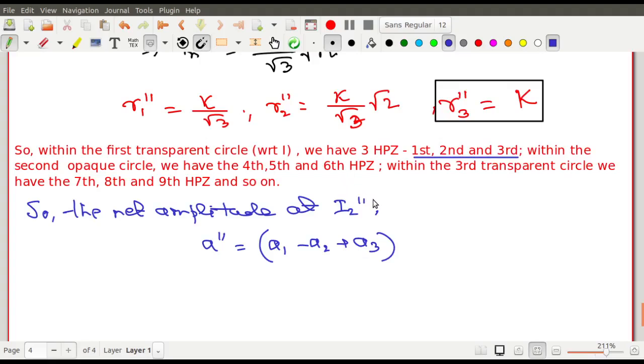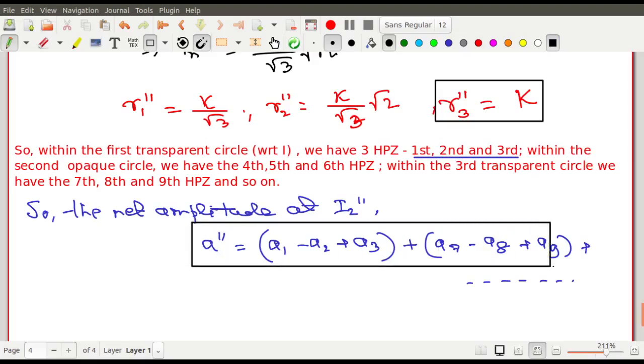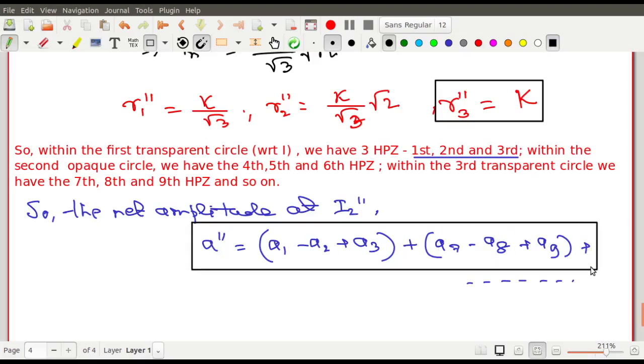The second one is blocked. Second is the opaque circle, and again you have the transparent circle. So it will start from A7, A8, A9, and then you have some plus dot dot dot. So that is what you have over here. Understood? And now you come out with a very important and strange condition that this A double dash is lesser.